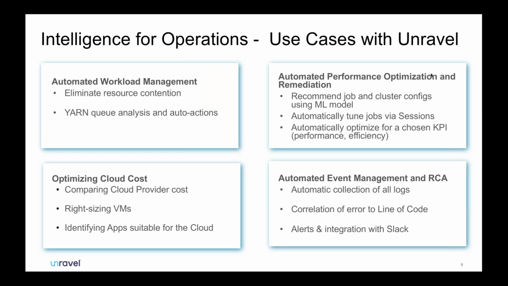The other thing that we do is performance recommendation. So we have a model that basically can tune your job to achieve a desired goal. And I'll talk about that a little bit more later. Whether the goal is to optimize cost or reduce the runtime. The other really big aspect is how do you optimize on the cloud, right?